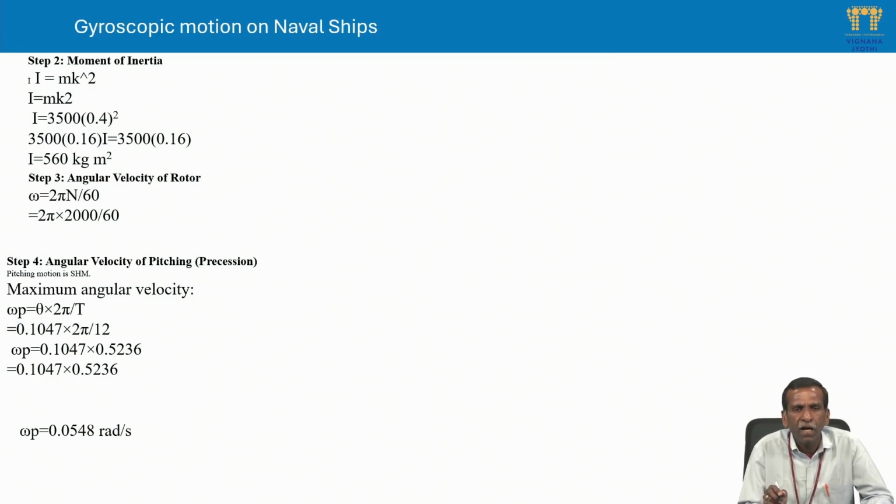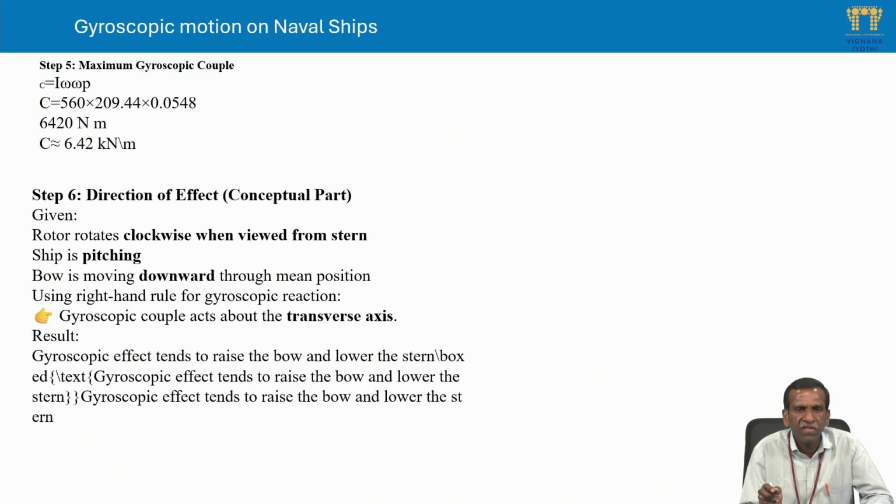Omega p is phi into 2 pi by T. Phi in radians is 0.1047, and 2 pi by T with 12 seconds given, so omega p is 0.0548. Then you can calculate the gyroscopic couple as 6.42 kilonewton meter. Actually it is kilonewton meter, not per meter, it is just a mistake. Anyhow, it is 6420 Newton meter.